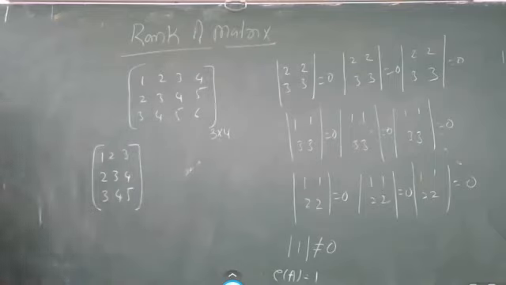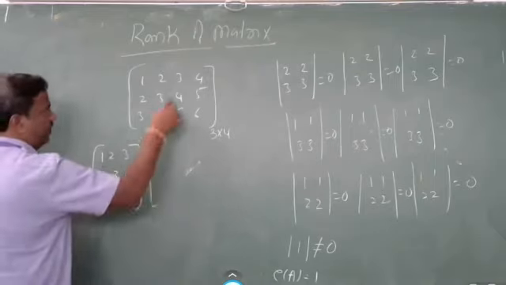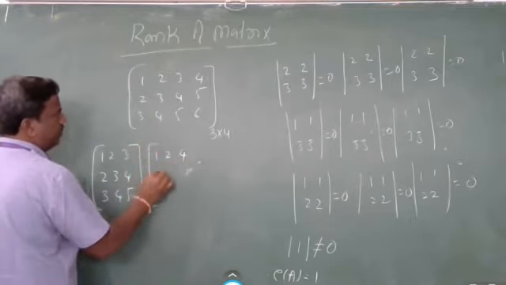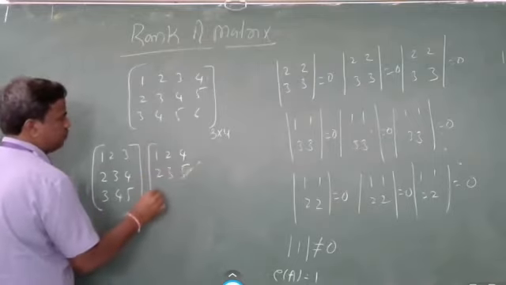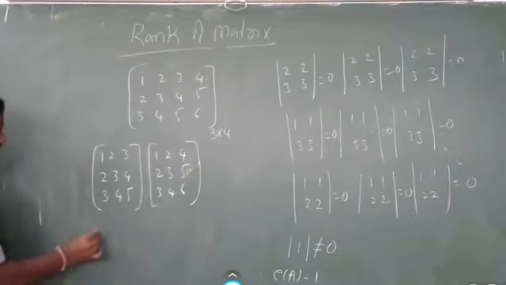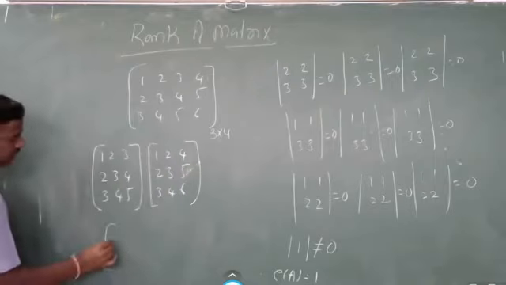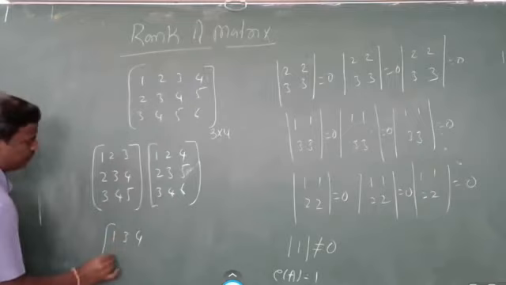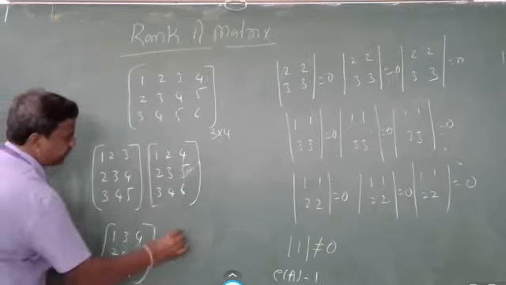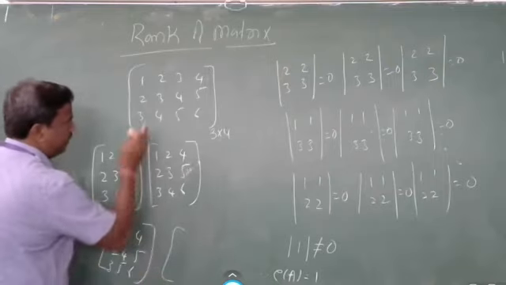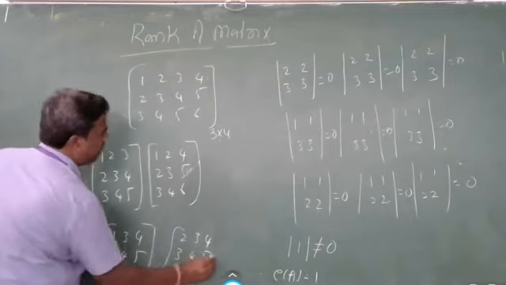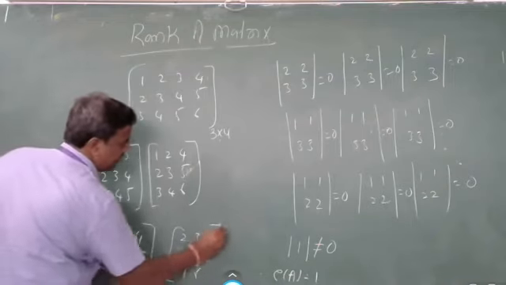Next, eliminate the third column: 1, 2, 4, 2, 3, 5, 3, 4, 6. Now eliminate the second: 1, 3, 4, 2, 4, 5, 3, 5, 6. Then eliminate the first: 2, 3, 4, 3, 4, 5, 4, 5, 6.